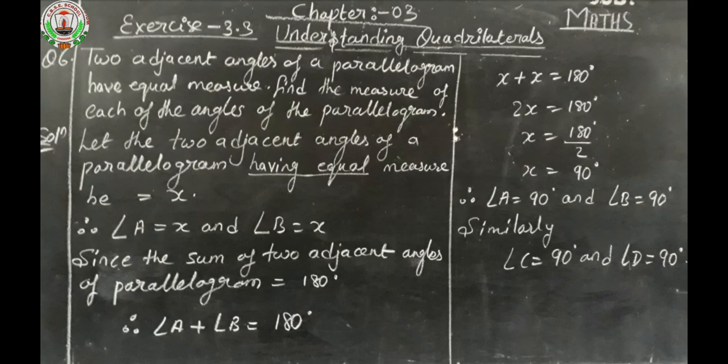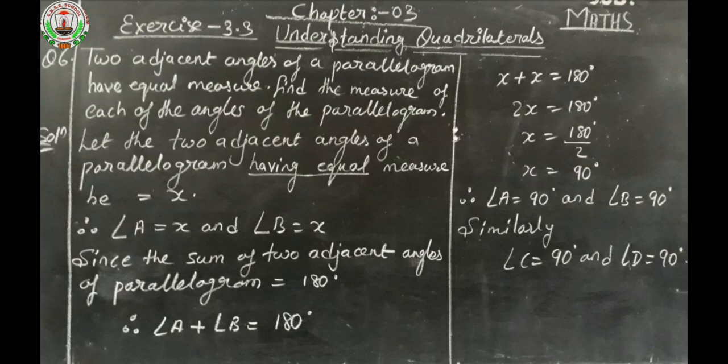Clear? The two adjacent angles sum to 180 degrees, isn't it? So the sum of the two adjacent angles of a parallelogram is equal to 180 degrees. This is the most important property. With the help of this property only we are going to solve question number 6.